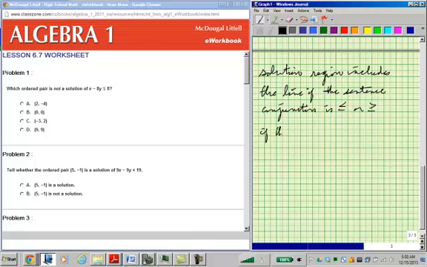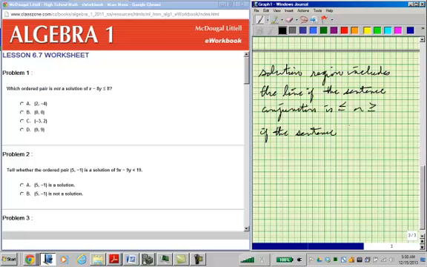If the sentence, by sentence I mean the inequality statement, 8 minus xy less than or equal to 8, we call that a sentence. Less than or equal to, greater than or equal to, less than, greater than, equals, not equal to, all of those we call conjunctions.